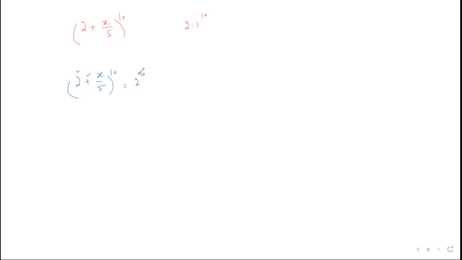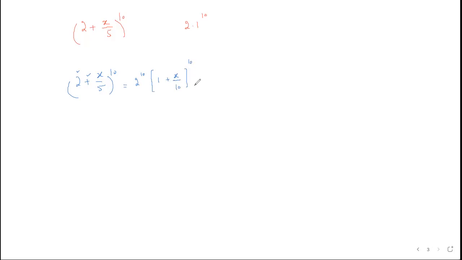So what we can do is take 2 power 10 out of this binomial expansion term. Then we will get (1 + x/10), and the whole power is 10, isn't it? Can we not write it like that?